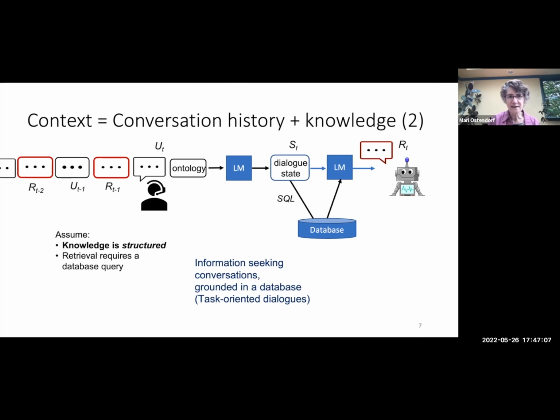And the reason that this is so important is because if you go back to this slide, you can see that if it's a complex dialogue where you're doing more than asking a couple questions, then the length of the history can get long. And if the ontology is complex, then the length of that can grow. And so this prefix that goes into the language model gets longer and longer and longer.